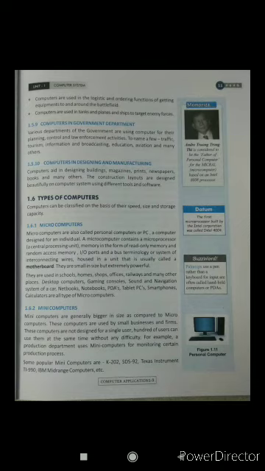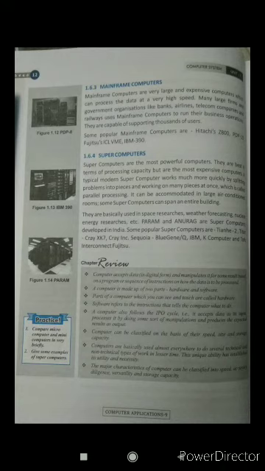Some popular supercomputers are TNA2 Titan, Cray XK7 Cray Corporation, Sequoia and Blue Gene Q IBM, K Computer, and Tofu Interconnect Fujitsu. These supercomputers are there in the world and they are being used in these areas.